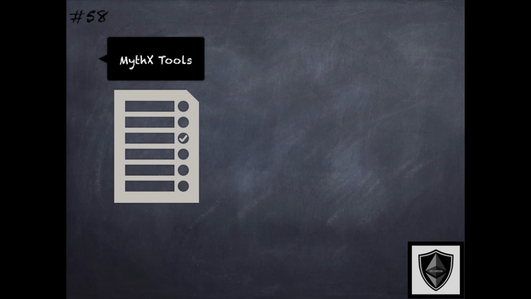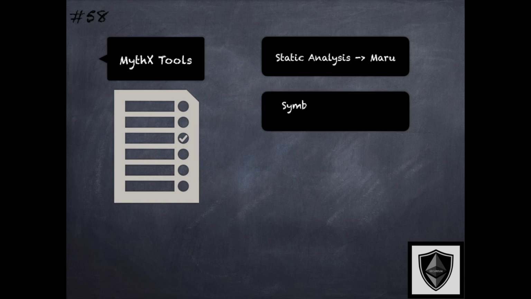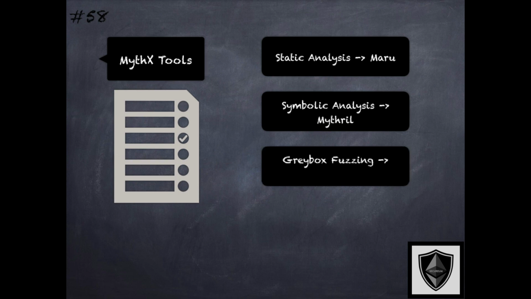The first of the 3 tools is a static analyzer called Maru that parses the Solidity AST for the project. The second tool is a symbolic analyzer called Mithril that detects all the possible vulnerable states in the contract. And finally, the third tool is Harvey, which is a gray box fuzzer that detects vulnerable execution paths in the smart contract.